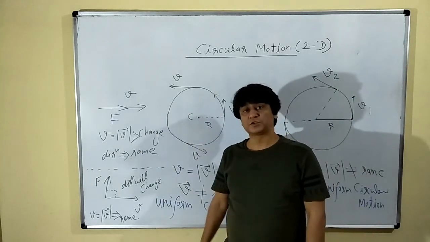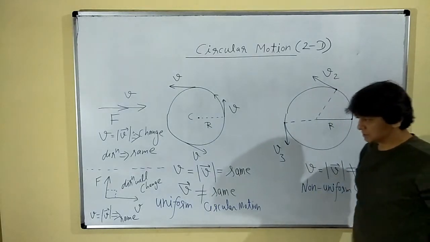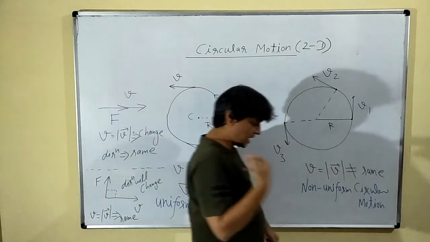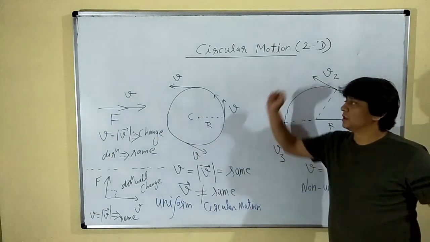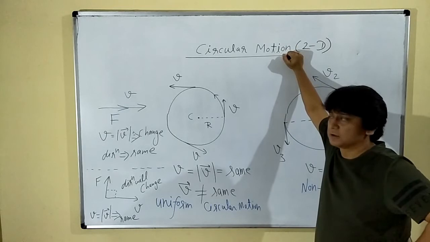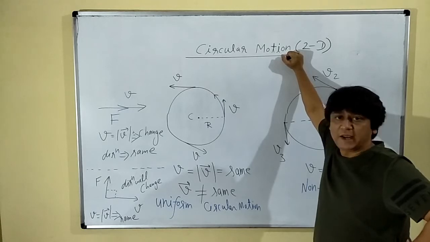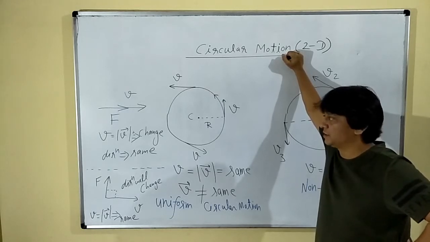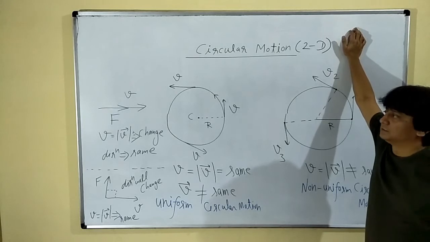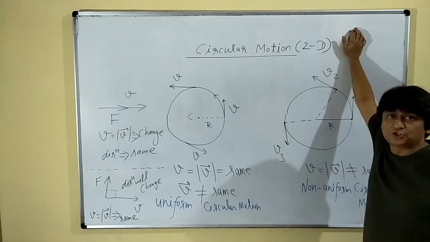Now write down these things in statement form. If force acts along the line of the velocity vector, then only magnitude of velocity (inside the bracket, speed) will change.